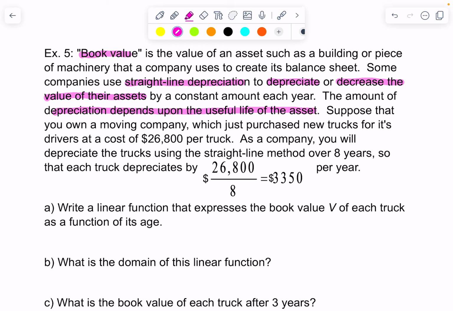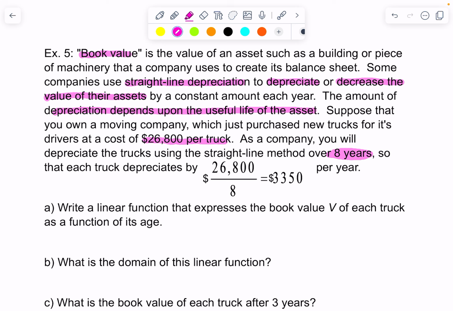Suppose that you own a moving company which just purchased new trucks for its drivers at a cost of $26,800 per truck. As a company, you will depreciate the trucks using straight line depreciation over 8 years. That means that the trucks are going to basically work for at least 8 years.